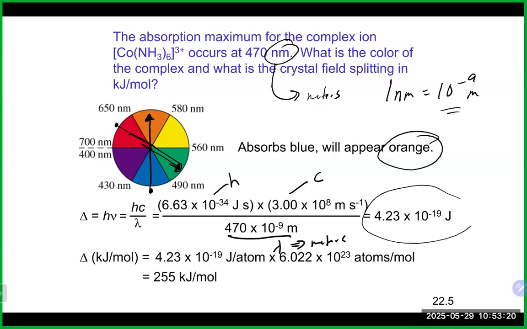And that gives us a crystal field splitting of 4.23 times 10 to the minus 19 joules. This is actually per atom. And if I want it per mole, I could then use Avogadro's number to convert atoms into moles. And that would give us, in this particular case, a crystal field splitting of 255 kilojoules per mole.